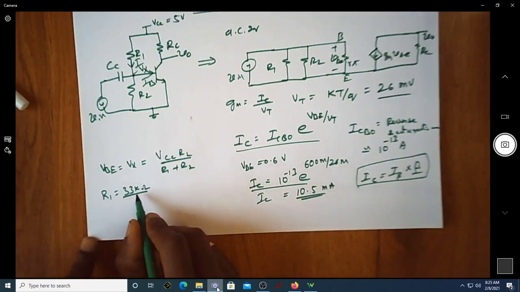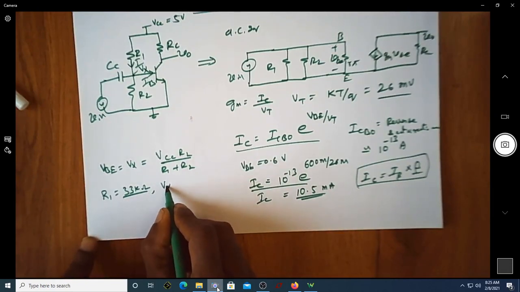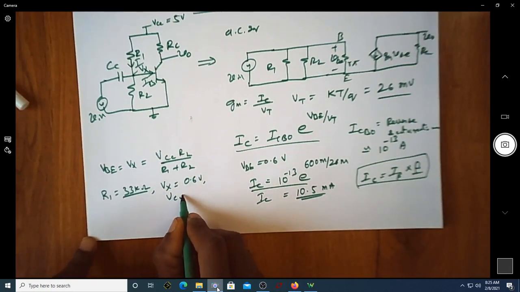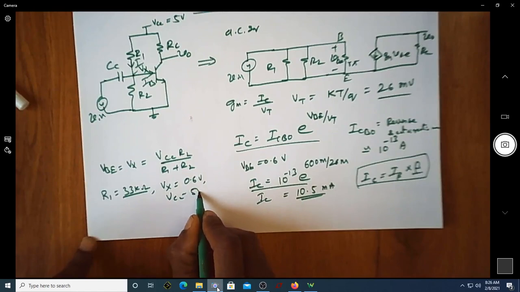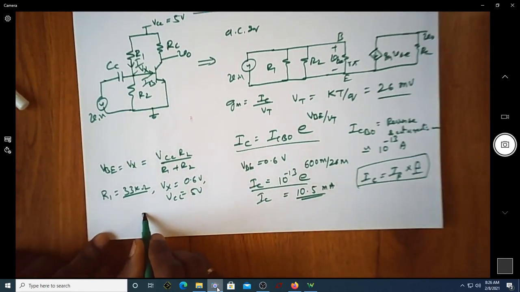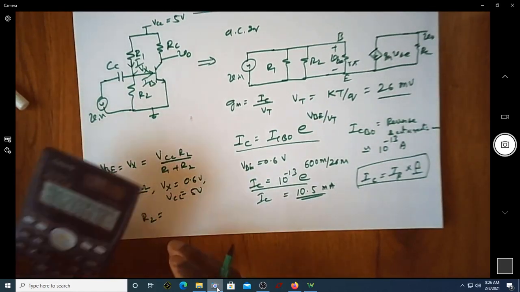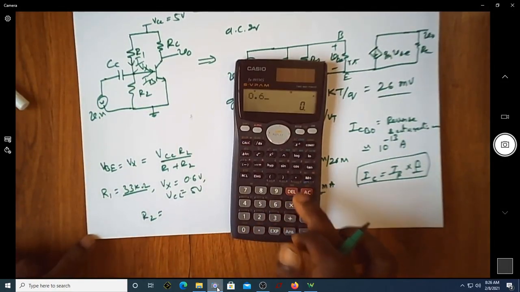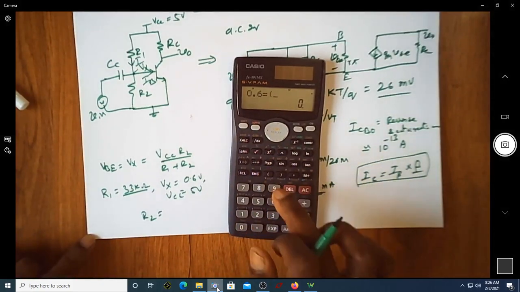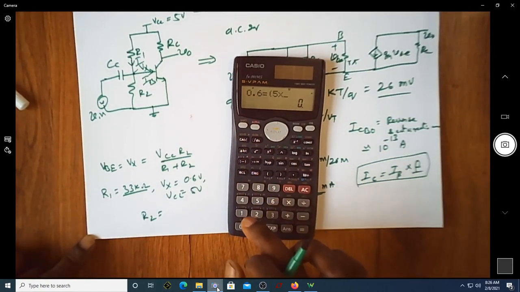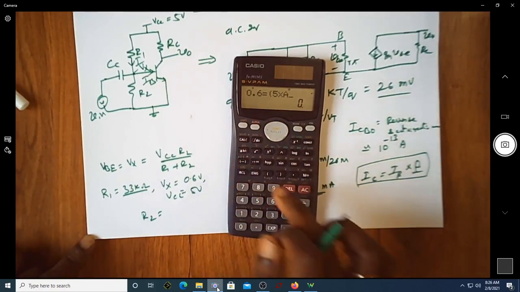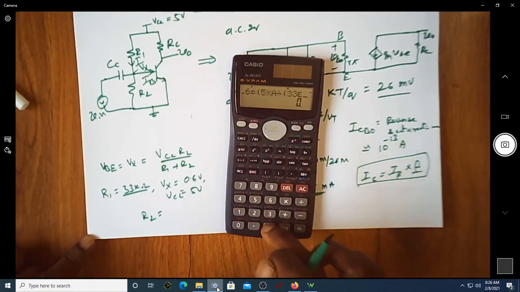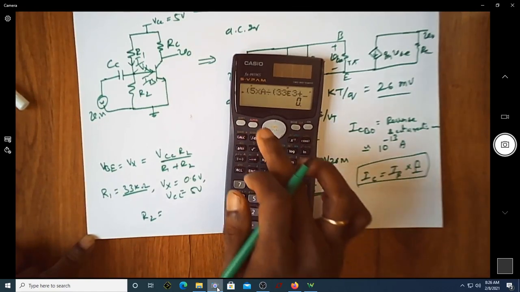The value of R1 is 33 kilo ohms, and if the value of VB that is required is 0.6 volt, with the value of VCC as 5 volt, we can certainly find out the value of R2. So I can find out the value of R2 now. 0.6 equals 5 into R2 divided by 33 kilo ohm plus R2.